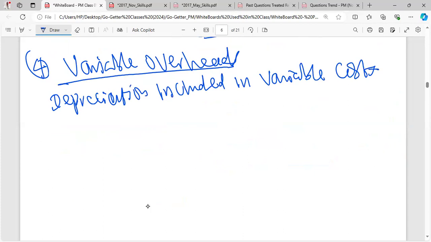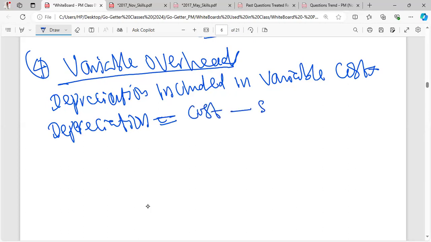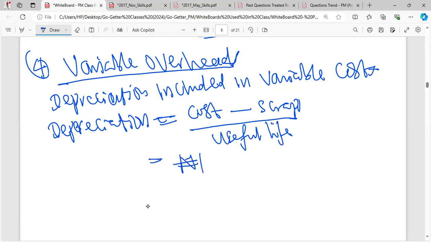Now let's look for that depreciation. We are told that depreciation is equal to cost minus scrap, all over useful life. We are told that this costs 100 million or 100,000.